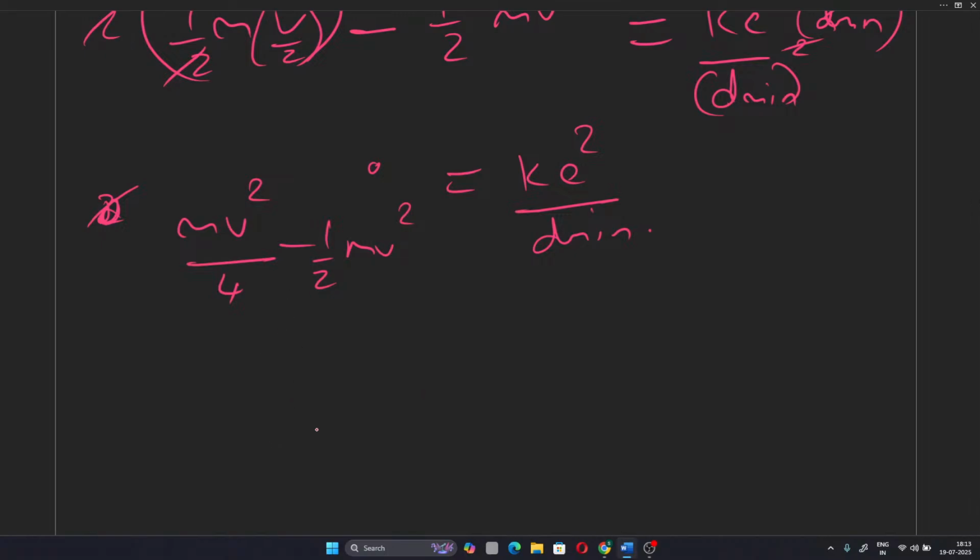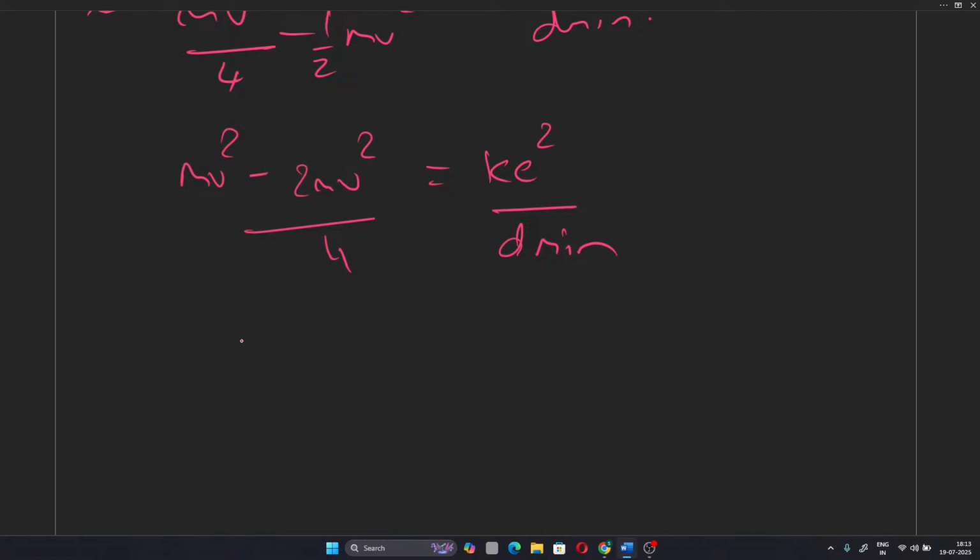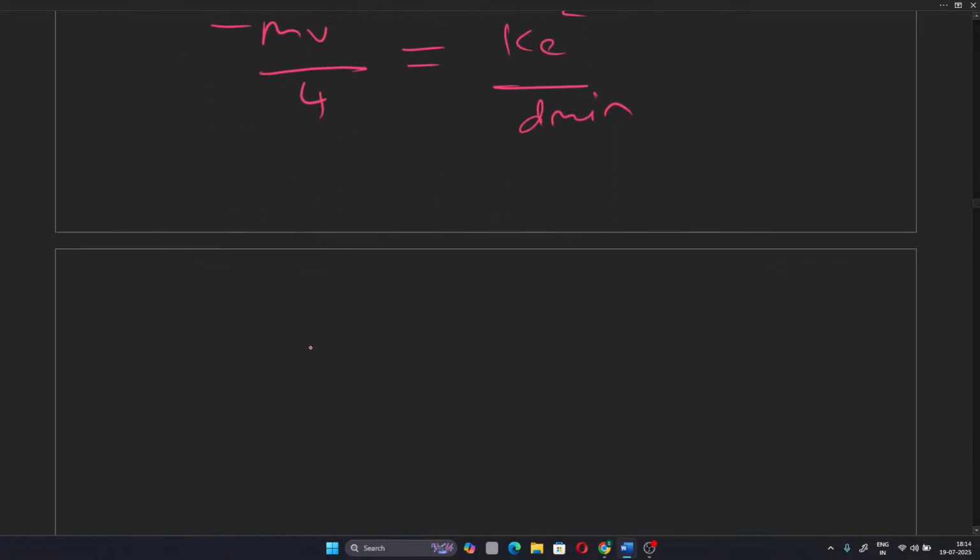But we are getting a negative value. If we do it, it will be m v square minus 2 m v square by 4 equals k e square by d minimum, so minus m v square by 4 equals k e square by d minimum, and d minimum will be equal to 4 k e square by m v square.